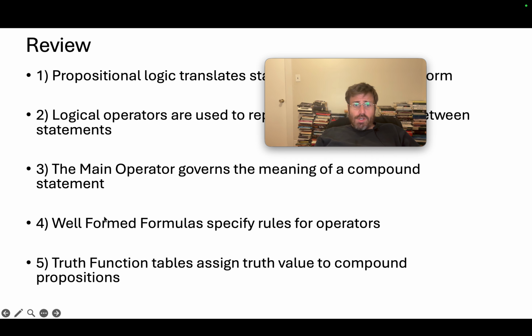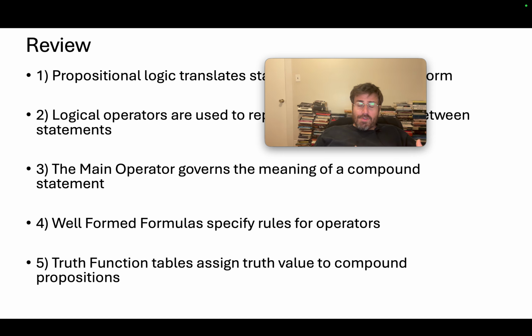And 5, truth function tables assign a truth value to compound propositions. So what this means is that for all of our 5 operators, we have a kind of truth function such that we can come to an understanding of when a particular operator is either true or false. And we're going to be exploring a little bit more in this video what we can do with that.